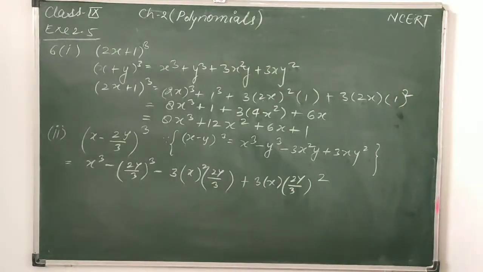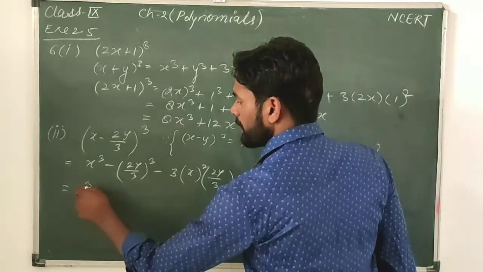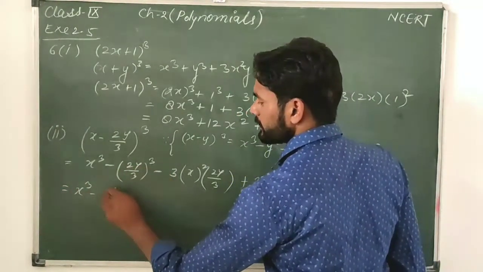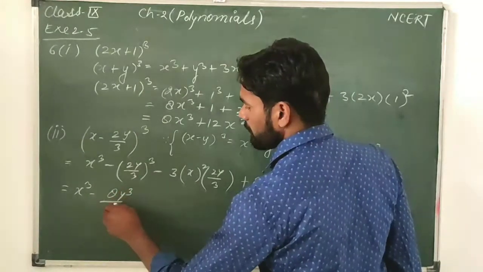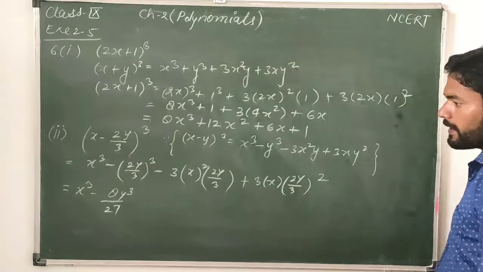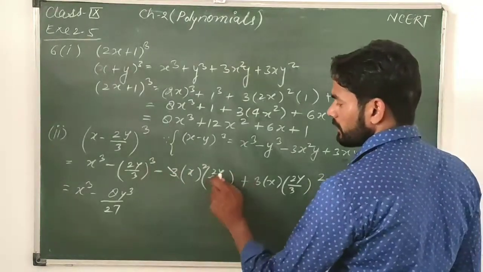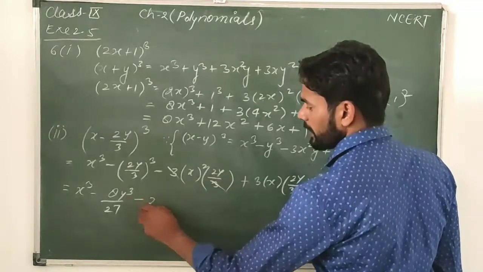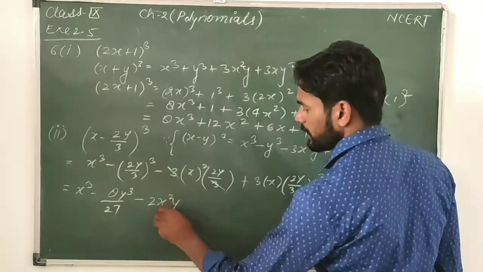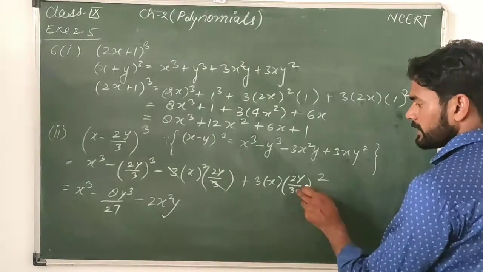I hope this is making sense. x cube minus 8y cube upon 27. 3 cancels by 3. Minus x square y and 2 also, then minus 2x square y. And 3 square is here, 3 cancels by this.